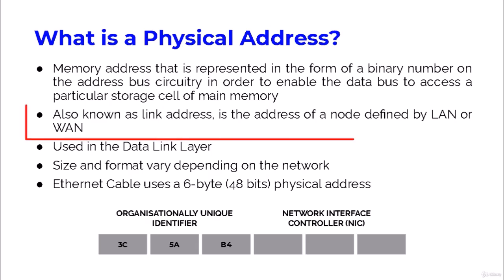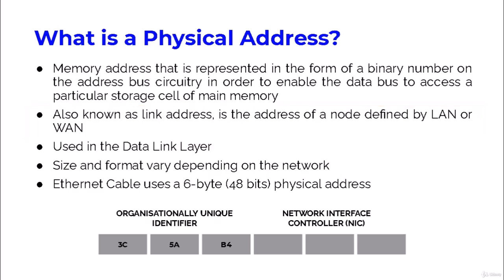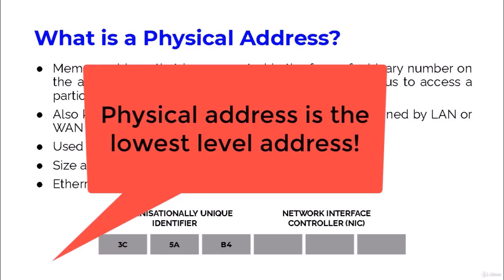The physical address, also known as the link address, is the address of a node as defined by its LAN or WAN. It is included in the frame used by the data link layer. It is the lowest level address. The physical address has authority over the network, that is LAN or WAN.